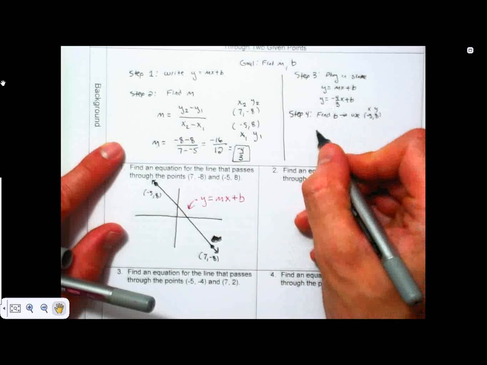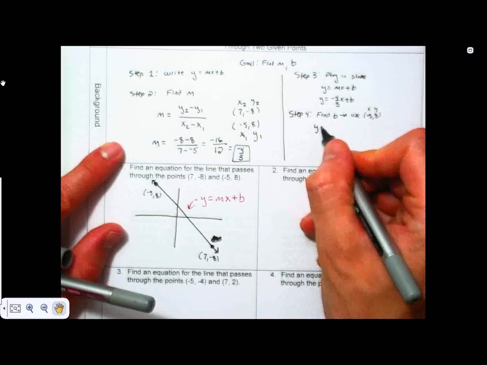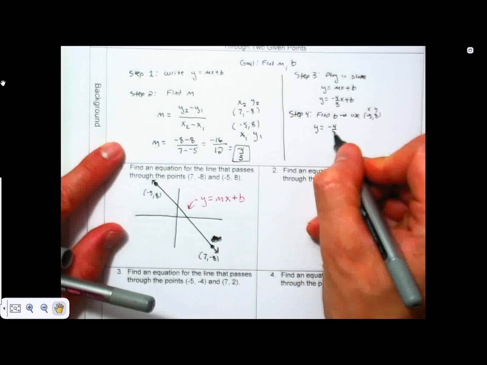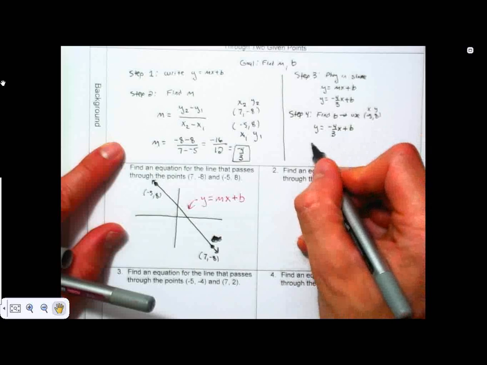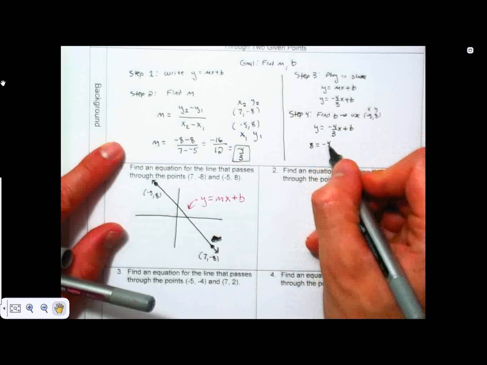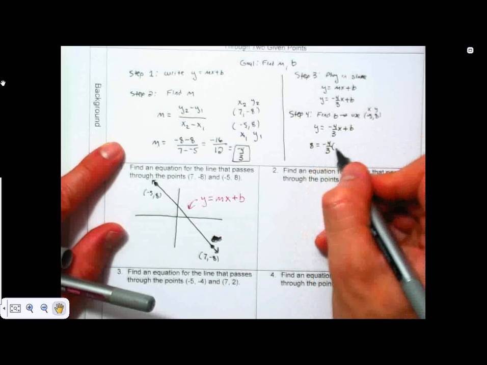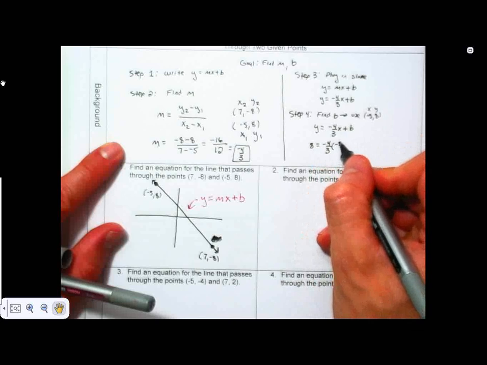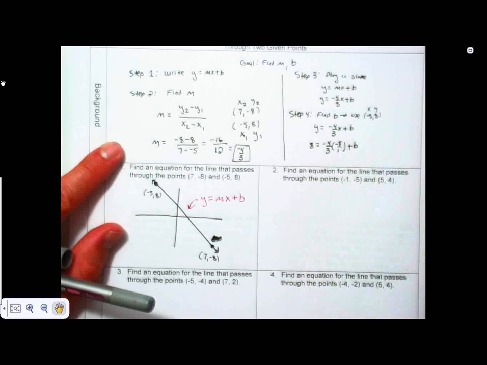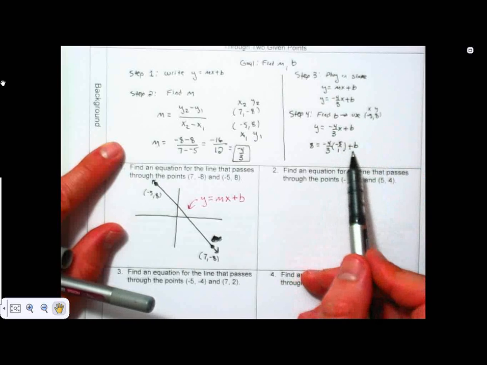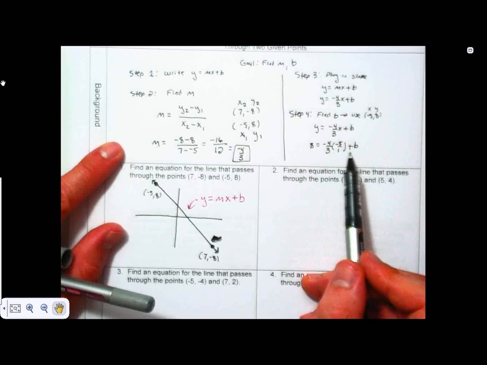So I've got y = -4/3 x + b. I plug 8 in for y, and I plug -5 in for x, which is -5/1. Now look, all that's left as a variable is b. So now I just need to do a little solving here.